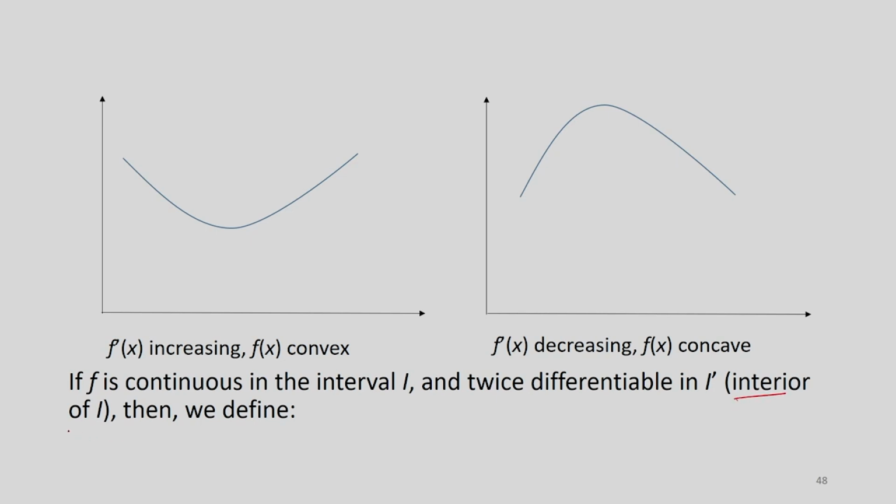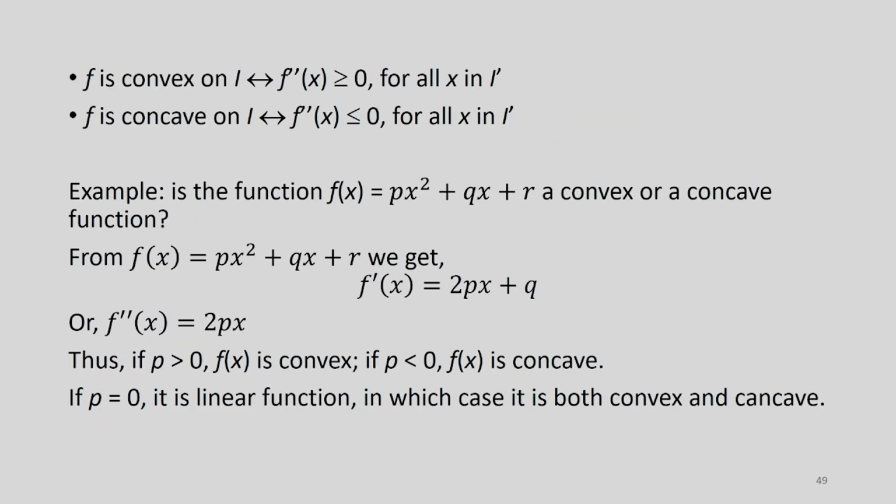I dashed is the interior of I. Then we define f is convex on I if and only if f double dash of x is greater than or equal to 0 for all x in I dashed, and f is concave on I if and only if f double dash of x is less than or equal to 0 for all x in I dashed.